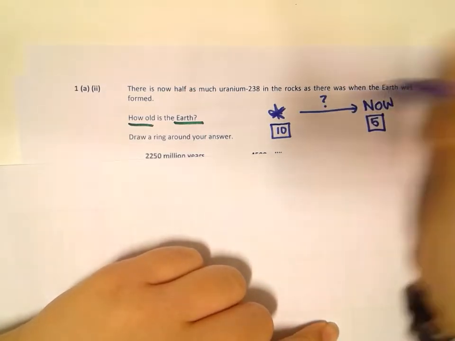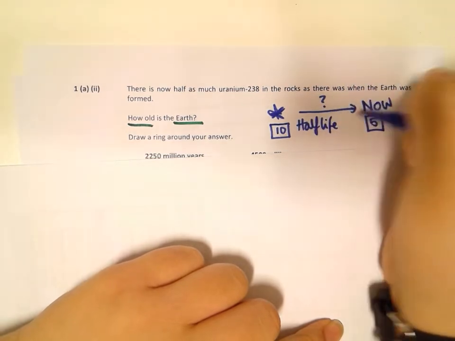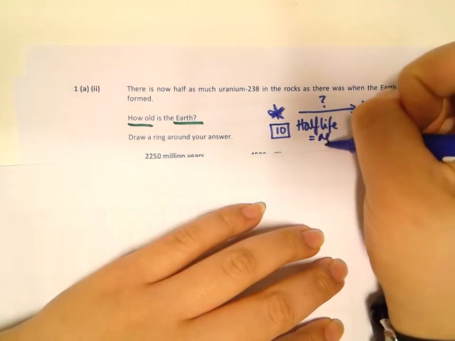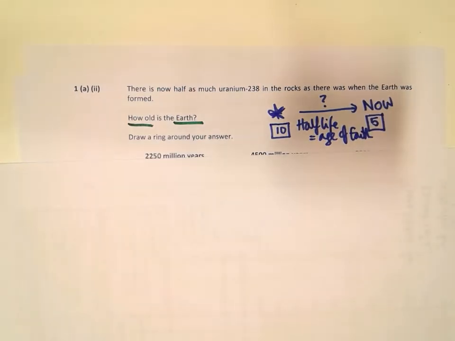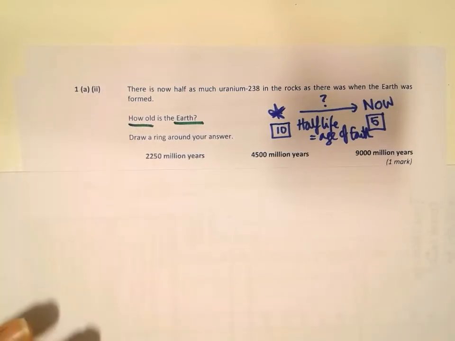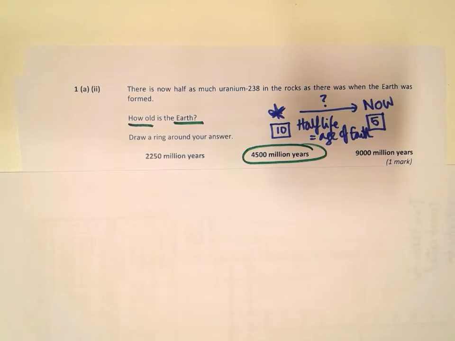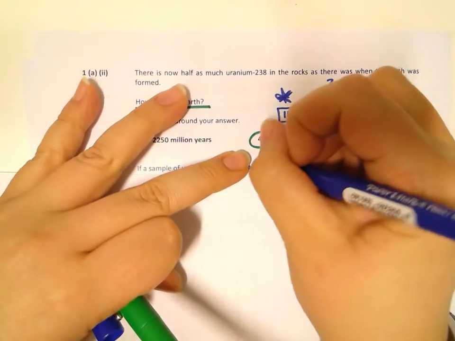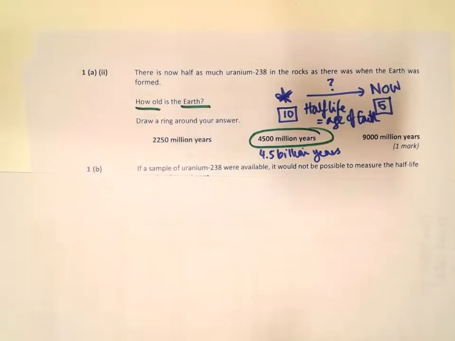Very simply, when you look at it like this, you can see that the half-life will equal the age of the Earth. It's told us before that the age of the Earth is 4,500 million years, and therefore that is what we pick. Or we could say 4.5 billion years as well.